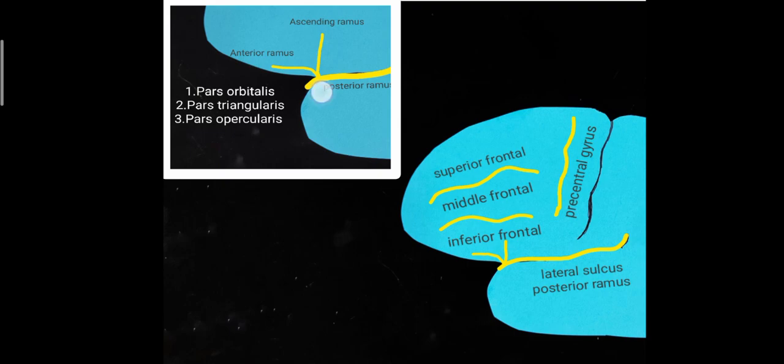Here you can see this is the ascending ramus, and this is the anterior ramus. The pars orbitalis comes below the anterior ramus of the lateral sulcus. So this area represents the pars orbitalis, and the pars triangularis lies between the ascending ramus and the anterior ramus, and the area here represents the pars opercularis. So these are the three areas, in addition to the other three gyri.